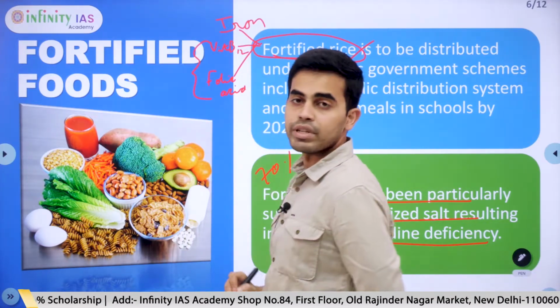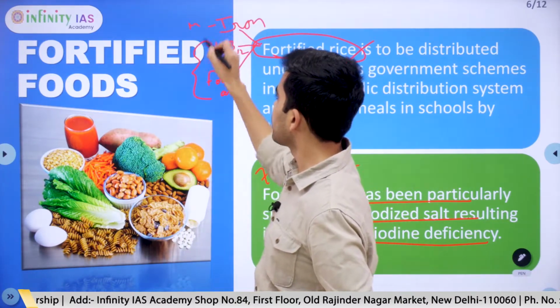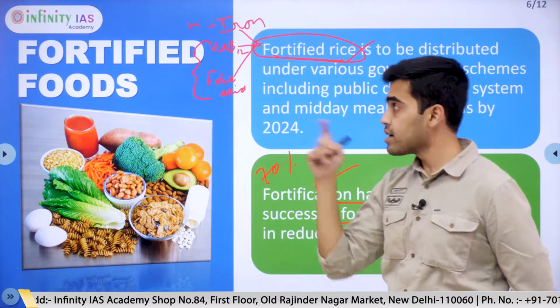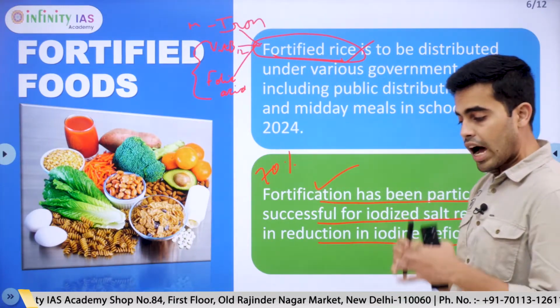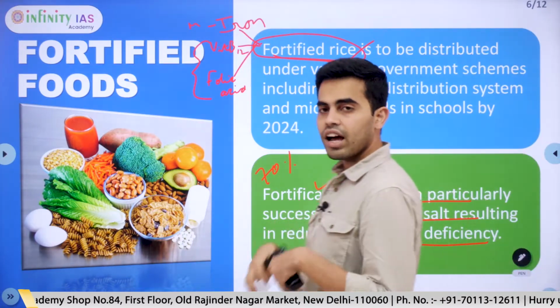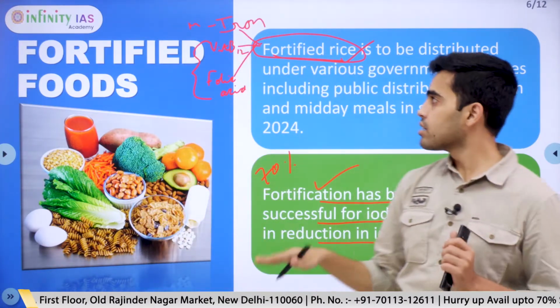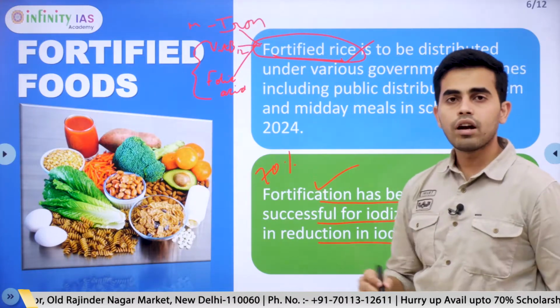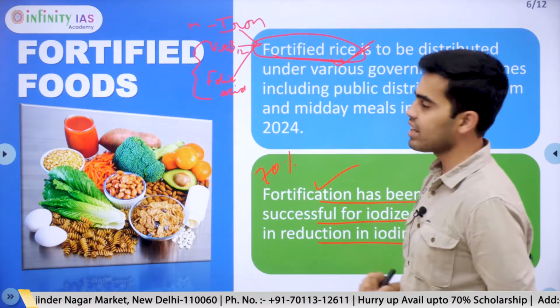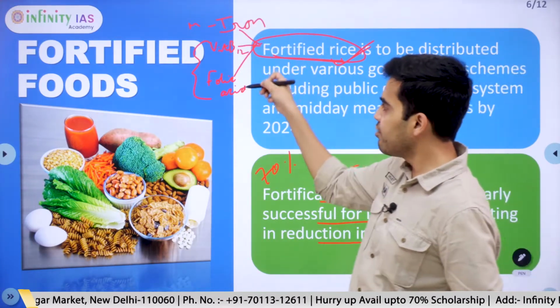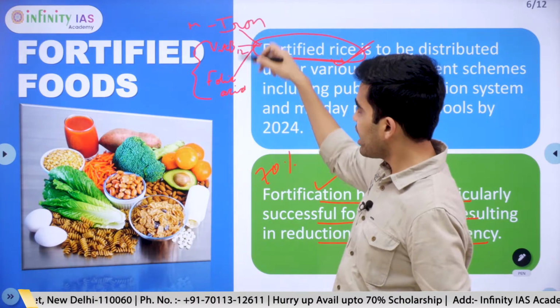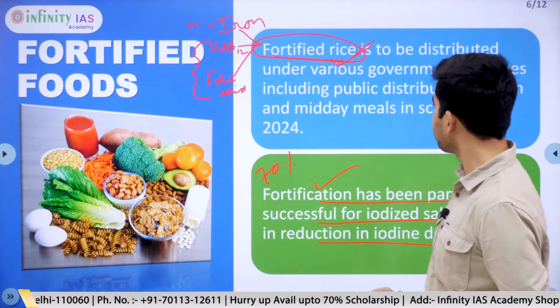These two are vitamins and this is a mineral. So these micronutrients are added to rice artificially. That is, after harvesting the rice, these are added in a mill to the rice so that any person who takes this fortified rice will get the health benefits that will come from the addition of these micronutrients.